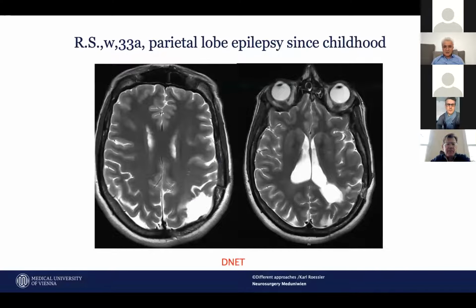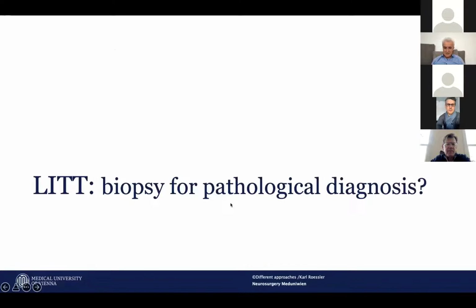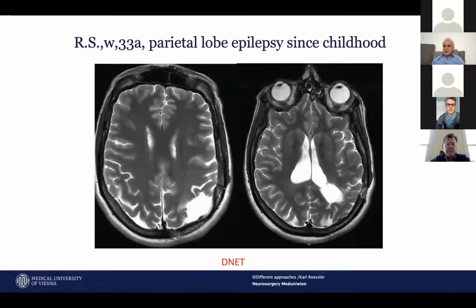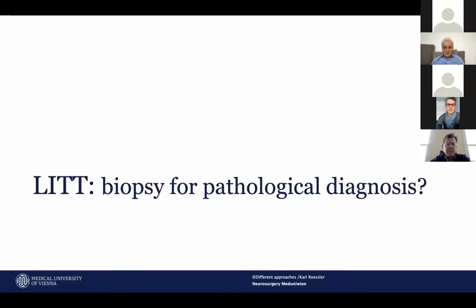And this patient also became seizure-free and is still seizure-free. I think it is now 7 or 8 years. It was in Erlangen.